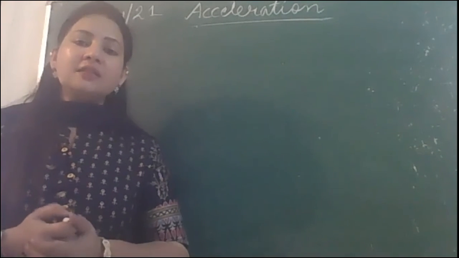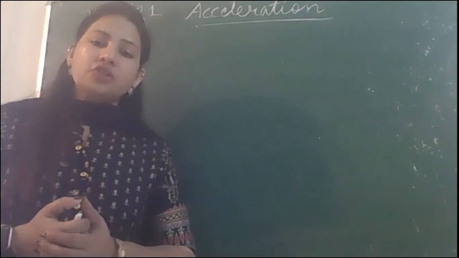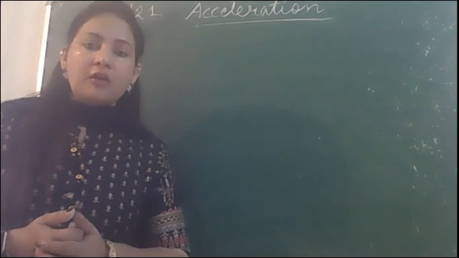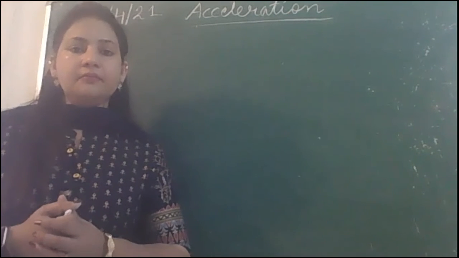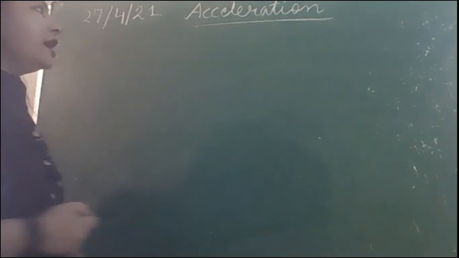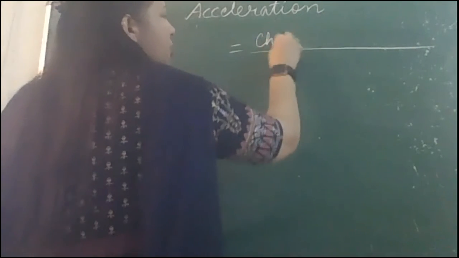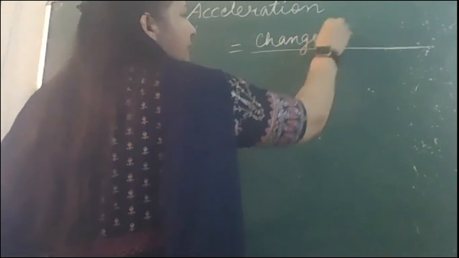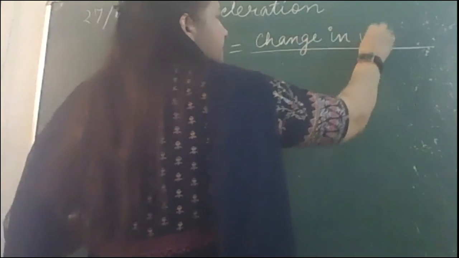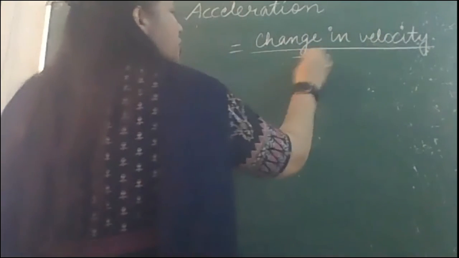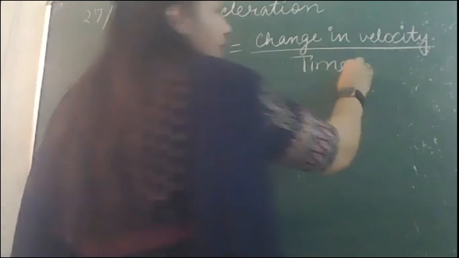Acceleration is defined as the rate of change of velocity of an object. So the formula becomes change in velocity, or rate का मतलब divided by time. So acceleration formula will be change in velocity over time.